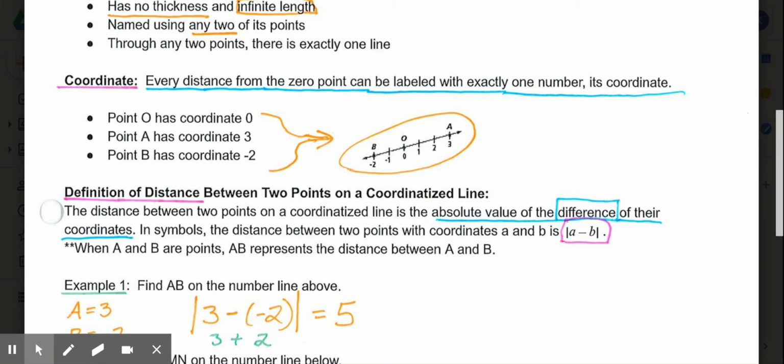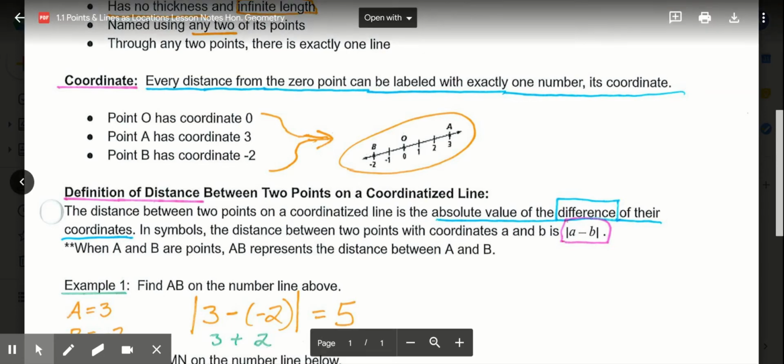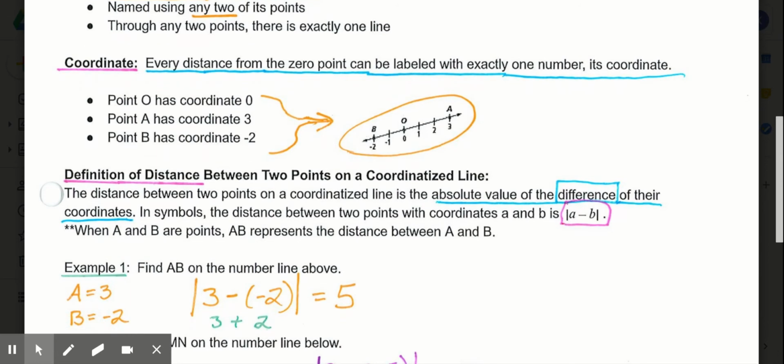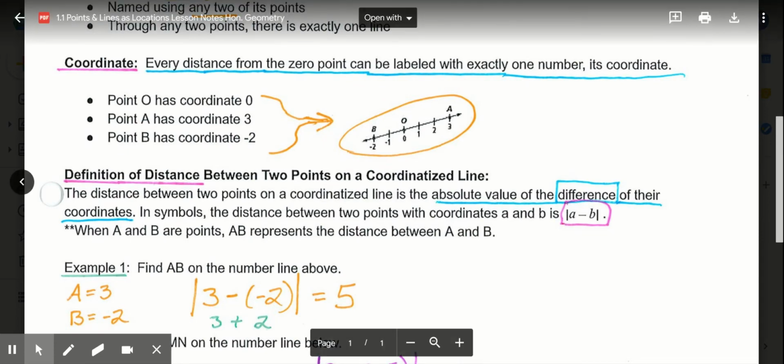So if we look at example 1, find AB on the number line above. For AB, we would do A minus B and take the absolute value of that.